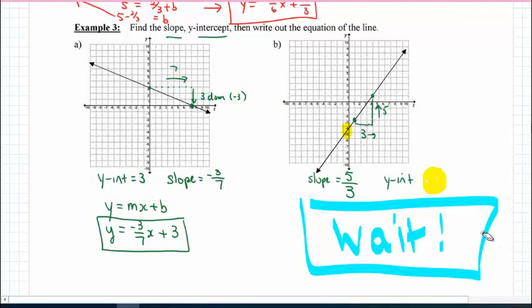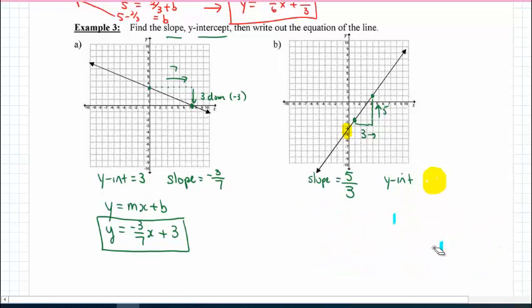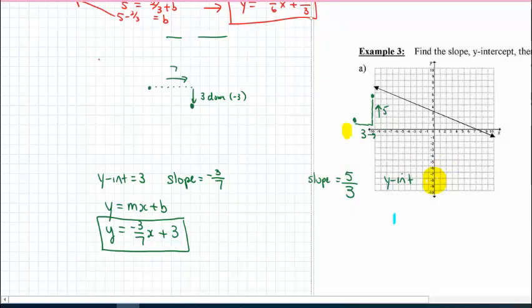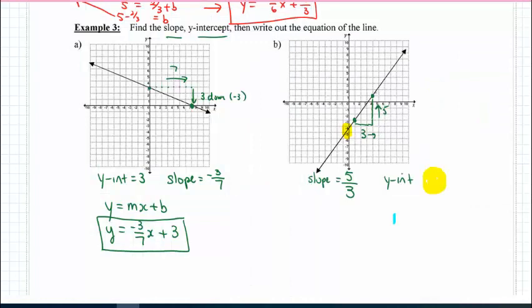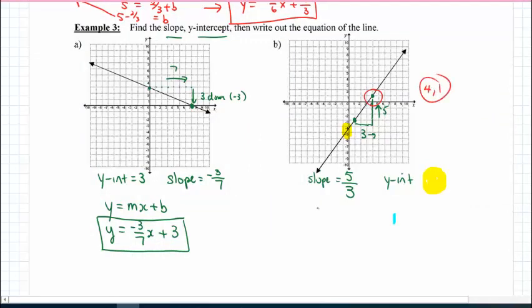Ooh, no y-intercept here either, right? Oh, bad news. But we do have a point. I'm going to use this particular point, 4, 1. So y equals 5/3 x plus b.